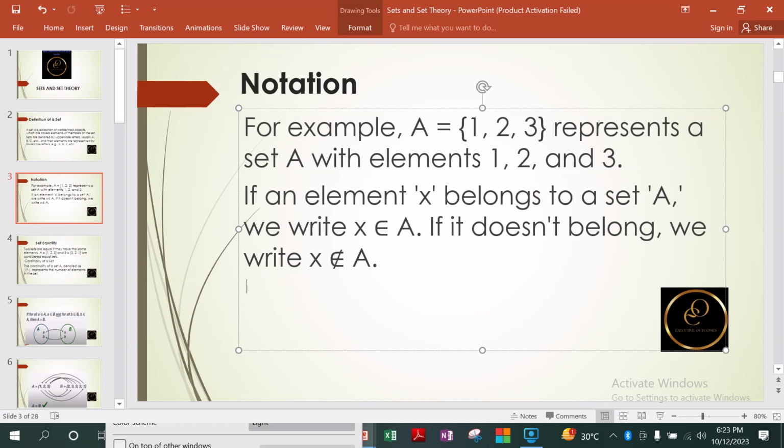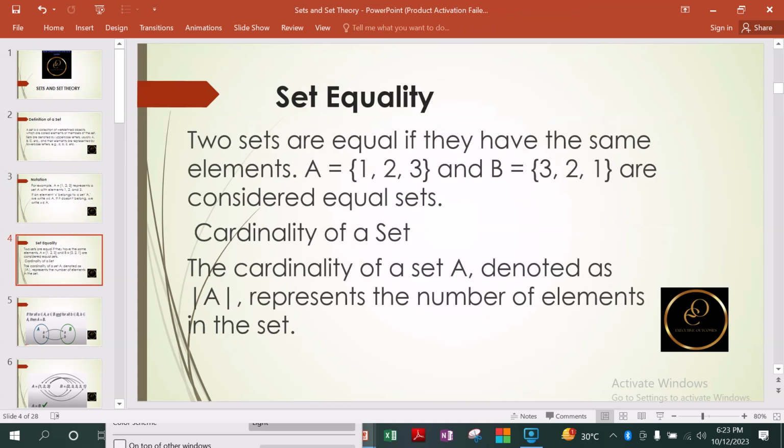We proceed to what we call set equality. It won't surprise you to note that we can also equate two sets. Two sets are said to be equal if they have the same elements or members. For instance, set A has three members, 1, 2, and 3, and set B also has three members, 3, 2, and 1.